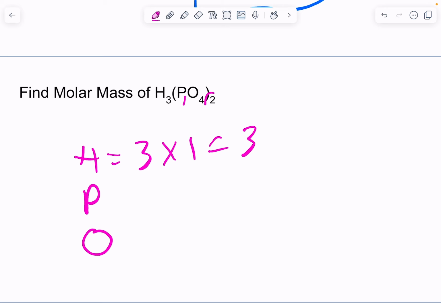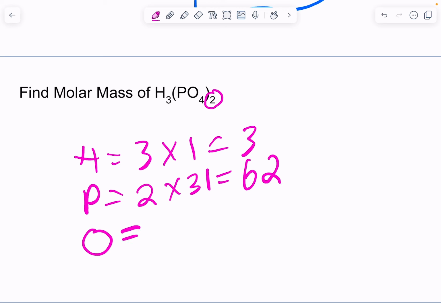And I'm going to take that 2 from outside the parentheses and multiply it by the subscript right here. So in this case, I have 2 phosphorus atoms. And those 2 phosphorus atoms each have a molar mass of 30.97, but for my sake, I'm just going to make it 31 because it's a lot easier for me to do in my head. That would give me a total of 62 as the molar mass.